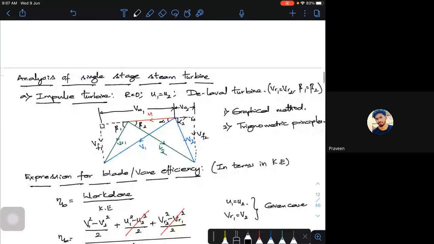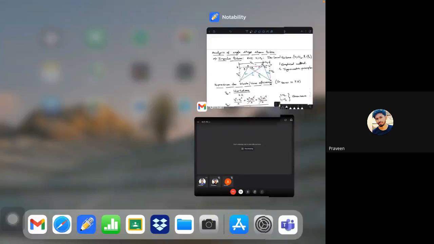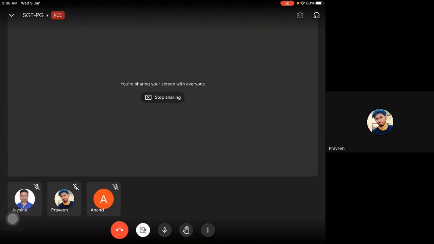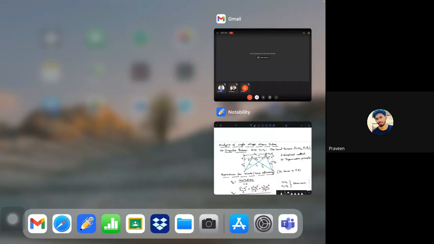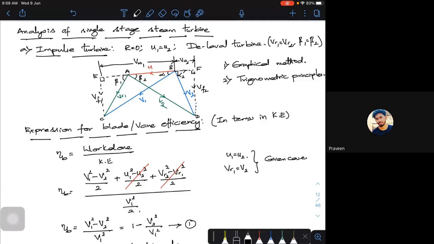If you want, I can name it A, B, C, D, E, F. Looking at this particular triangle, triangle BFD, I can write V2 square is equal to VF2 square plus VW2 square.